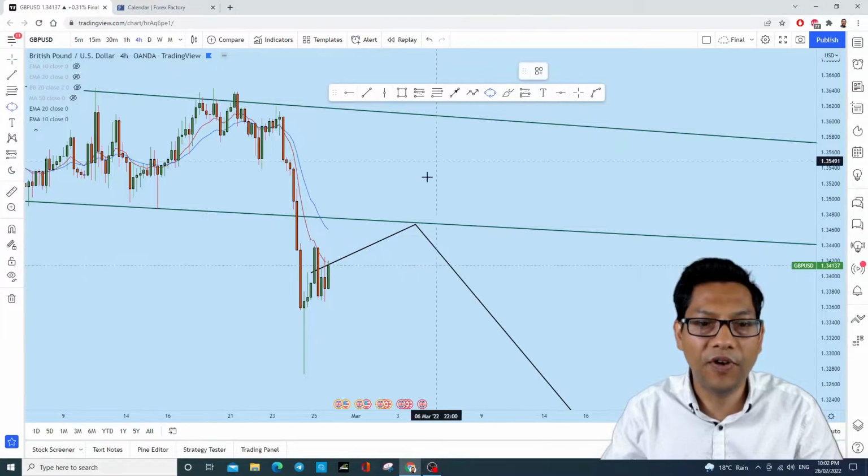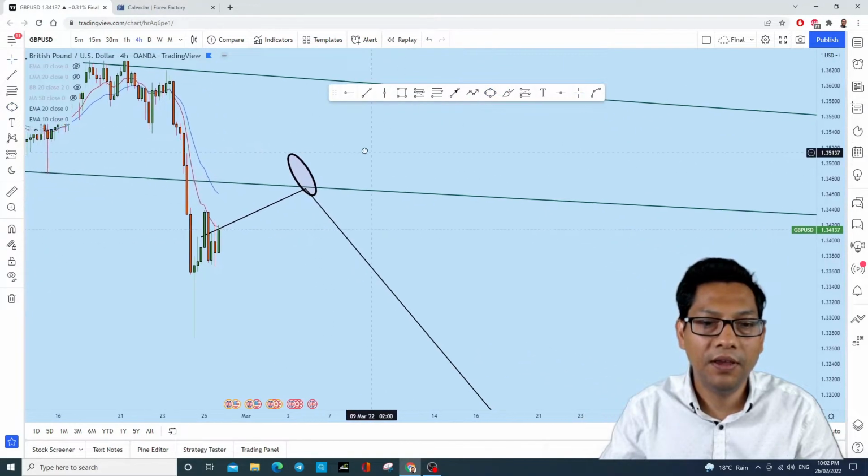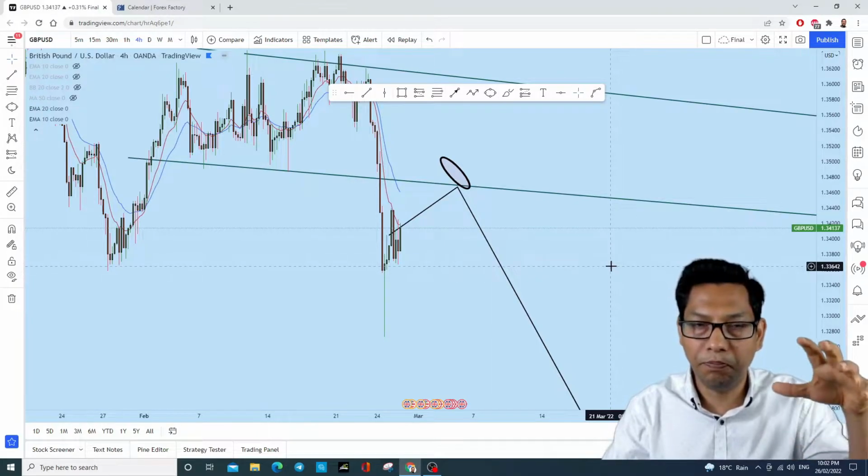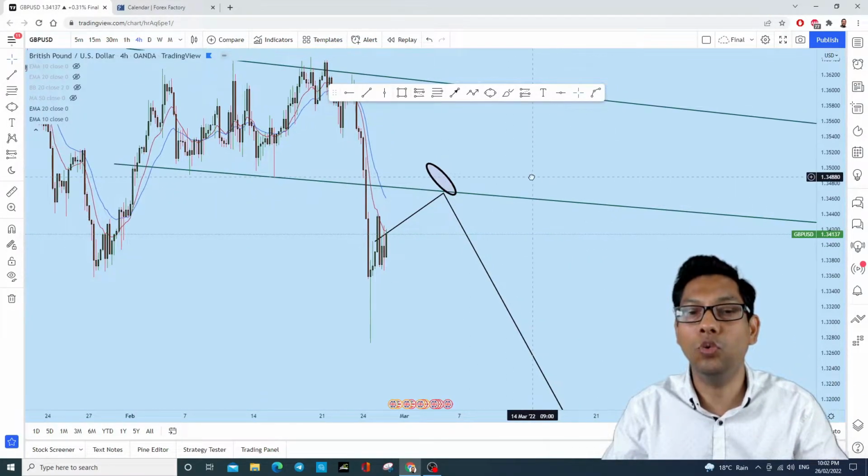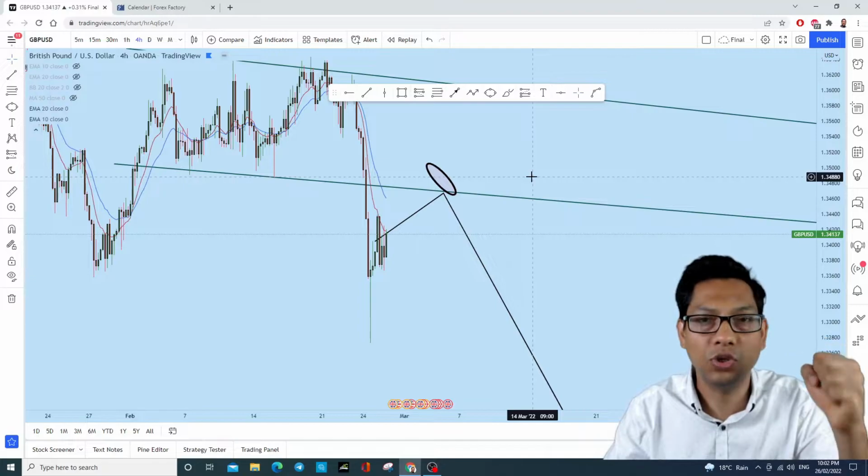So as soon as we find a potential setup in this zone in British pound US dollar, we will take a short with a high risk to reward ratio.